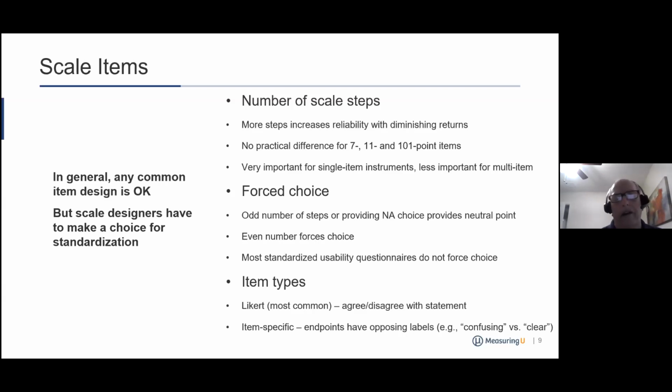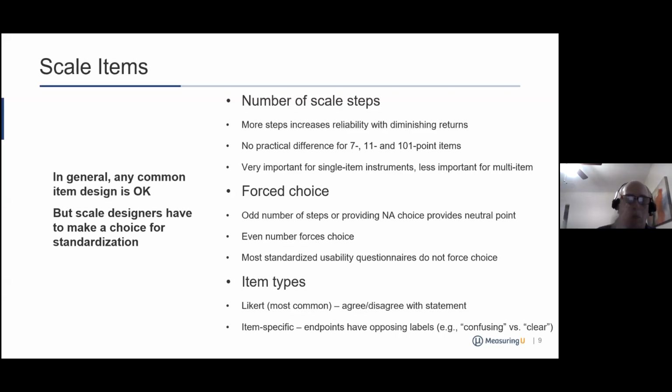Item types. Likert scales are those that are made up of statements that you agree or disagree with. Another common way of setting up an item type is to have item-specific endpoints. But in research that I've done and replicated a couple of times, if you are very careful with your item wording and the way you build the endpoints, if you make two forms of a questionnaire, one of which is agreement items, the other of which is item specific, it's very rare for there to be any difference in the ratings.